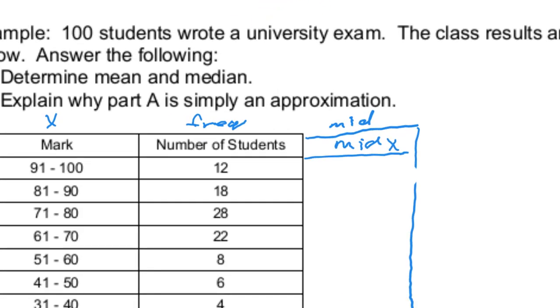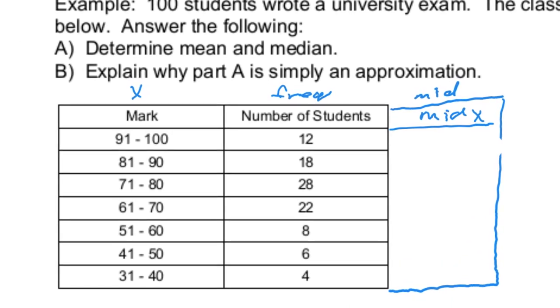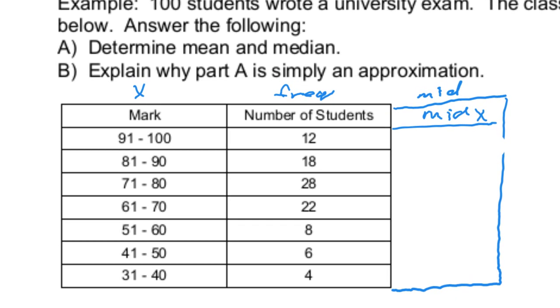All right, so for our mark, our midpoint x is going to be 95.5 because we have 100 plus 91 divided by 2. Then we do the same for the next one. We end up with 85.5.